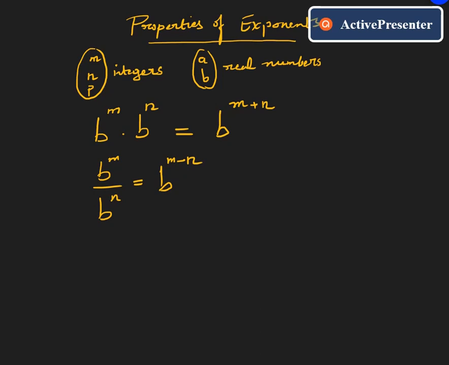The third property is the power. The power of an exponent, b to the power m, if we say it is to the power n, then it is equal to what? We multiply n into m. So it should be equal to b to the power mn.